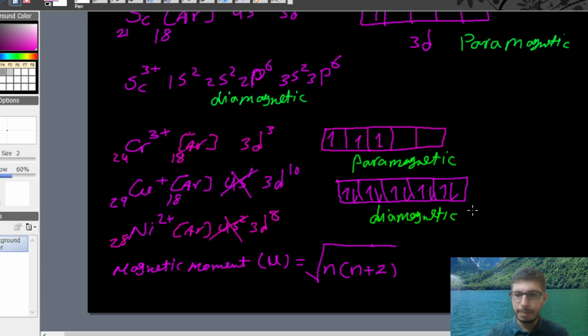Let me draw the nickel here because we don't have more space. Sorry for that. Let me draw it here: 1, 2, 3, 4, 5. You have 8 electrons, so 1, 2, 3, 4, 5, 6, 7, and 8.